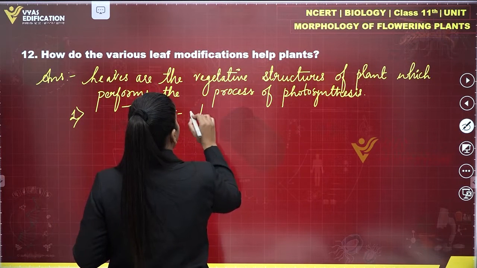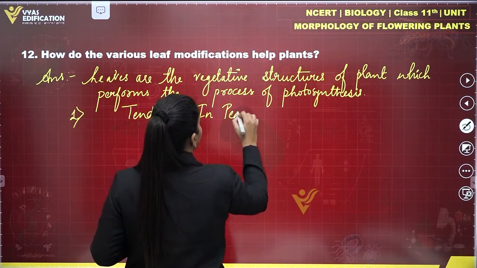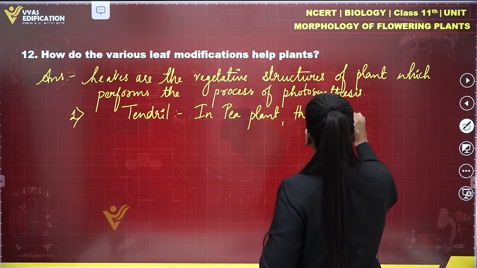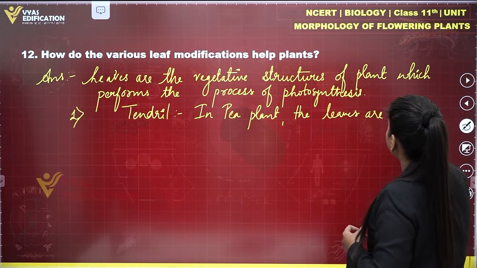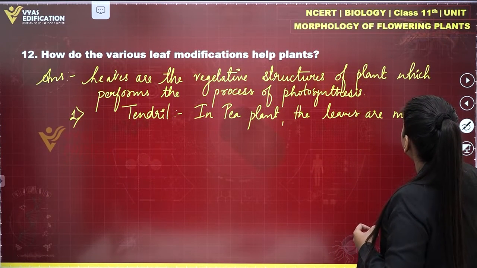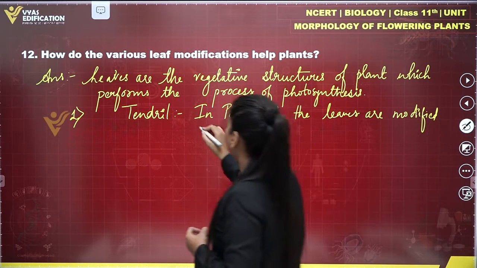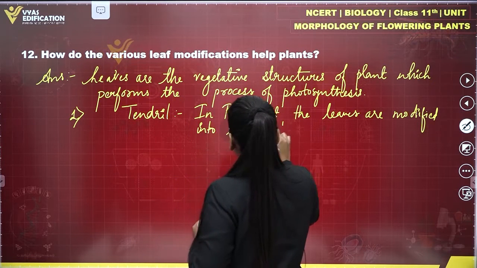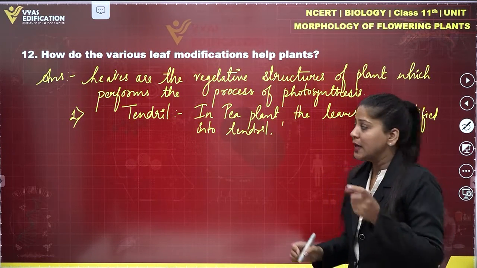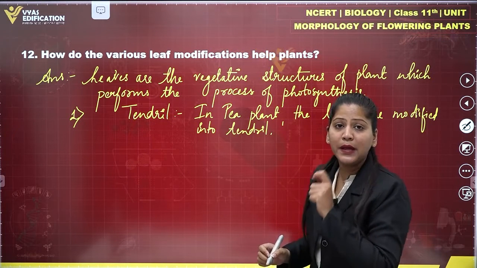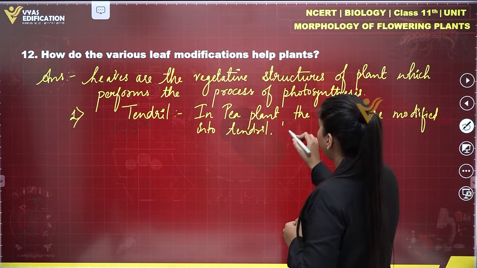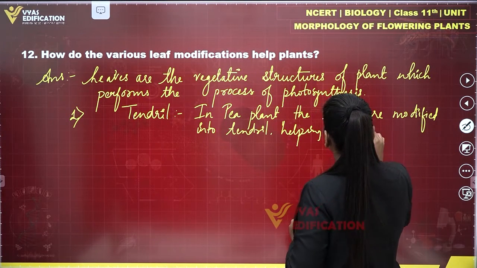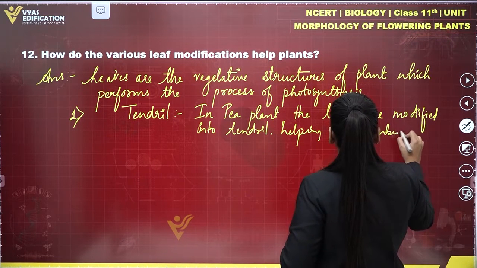For that we have example in pea plant. You will see in pea plant the leaves are modified into tendrils. And what they are doing, they are helping the plant into climbing.